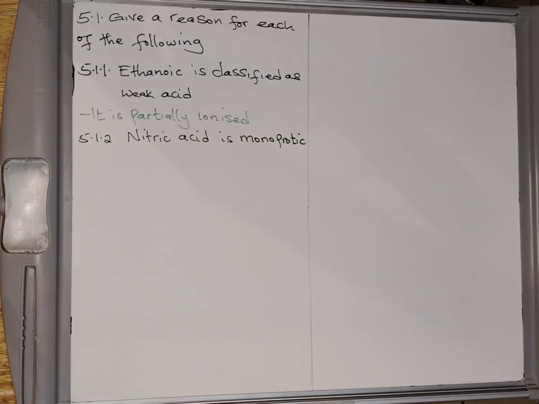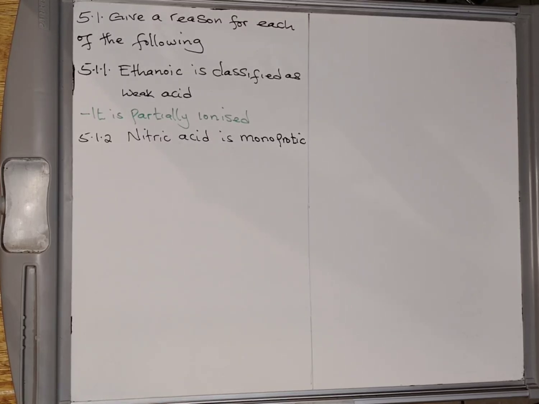Then comes another question. Give a reason why nitric acid is monoprotic. You have to know that this one is based on the number of moles of hydronium ions released by one molecule or by one mole of the acid. So monoprotic: during ionization, 1 mole of the acid releases 1 mole of hydronium ion.